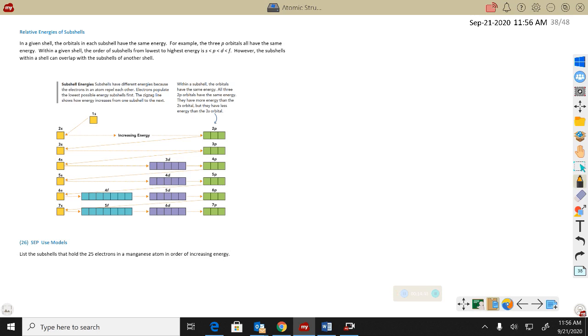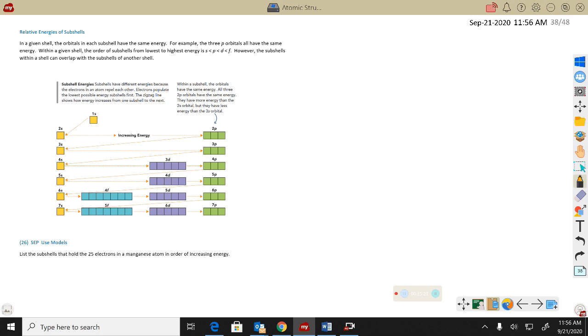The 7 f orbitals in the 4th energy level all have the same energy, but the 5f orbitals would be higher. When we fill electrons in orbitals, we always fill from lowest energy to highest energy. So in general, we fill s's, then p's, then d's, then f's.